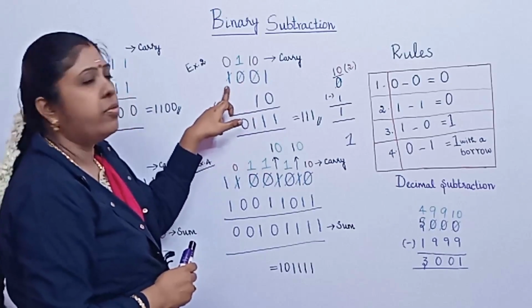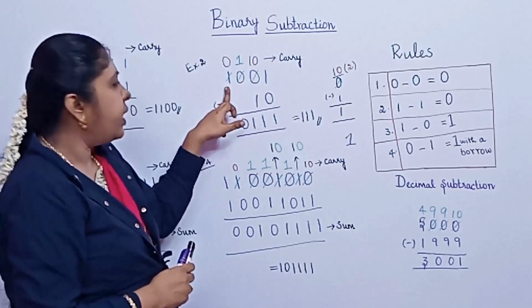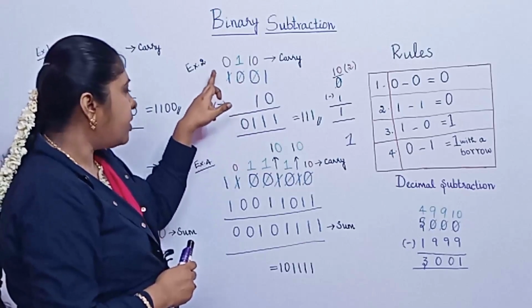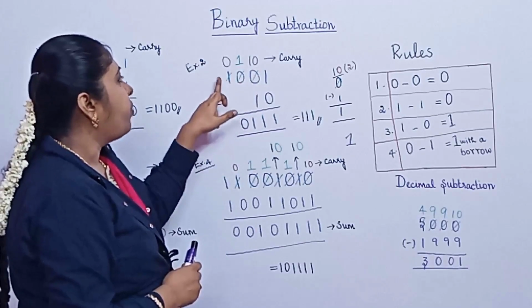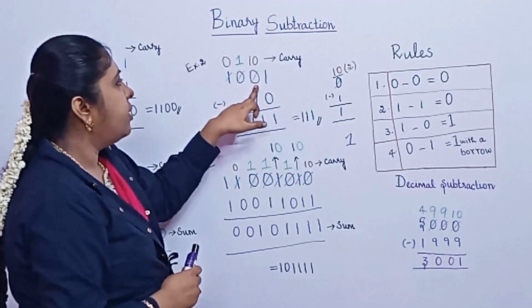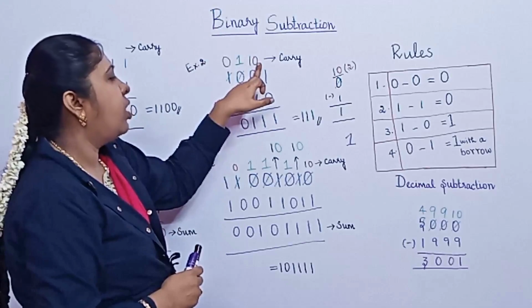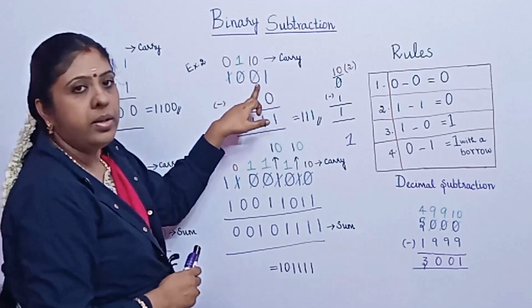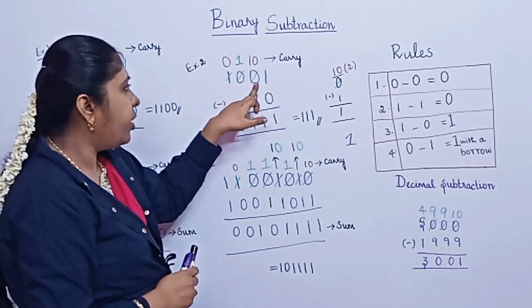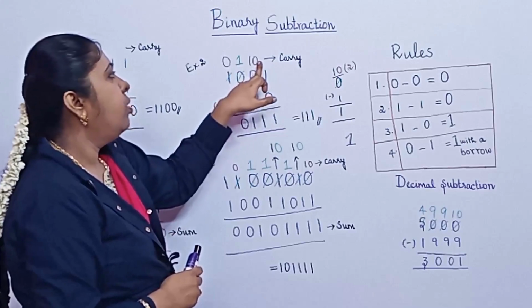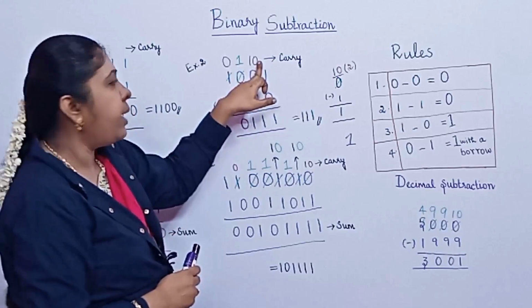So we have to borrow from the 1, the first digit. So this 1 will become 0 and it will be passed to the 0 that requested it, which will turn to 10. This is the number that initially asked for borrowing. So this 0 will turn to 10. This is the carry bit.